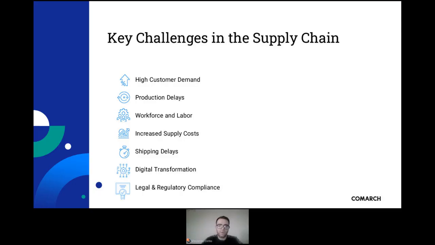Another example of compliance that many companies are facing now is e-invoicing, which in many countries is becoming mandatory, and many companies are also facing supply chain shortages that impact several stages of their supply chain process simultaneously.